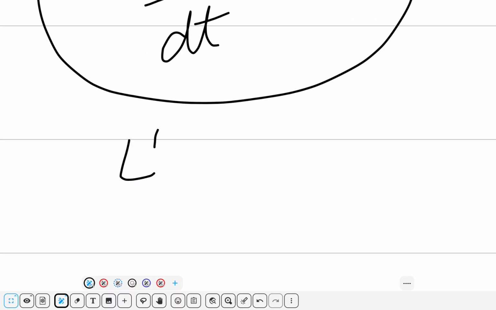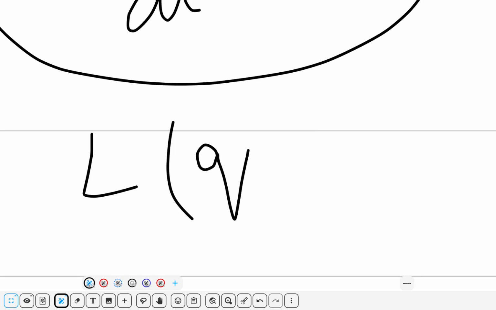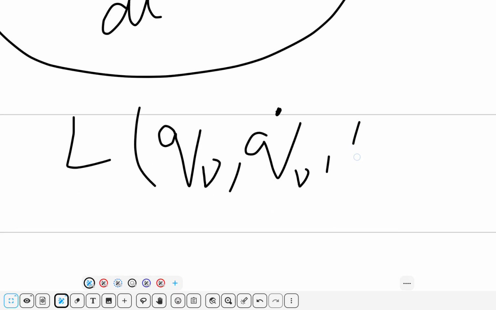What will be L dash? The Lagrangian is a function of coordinates, the speeds of the coordinates, and time, right?